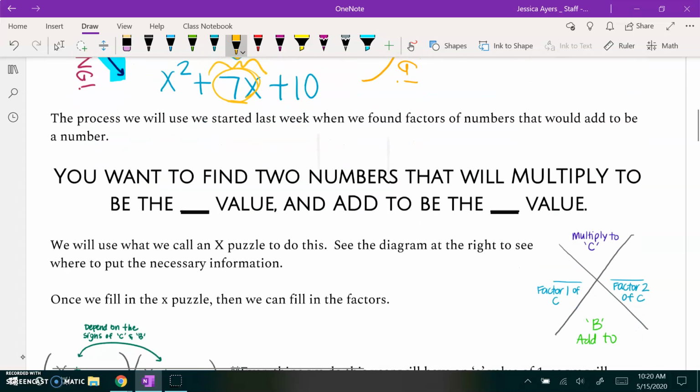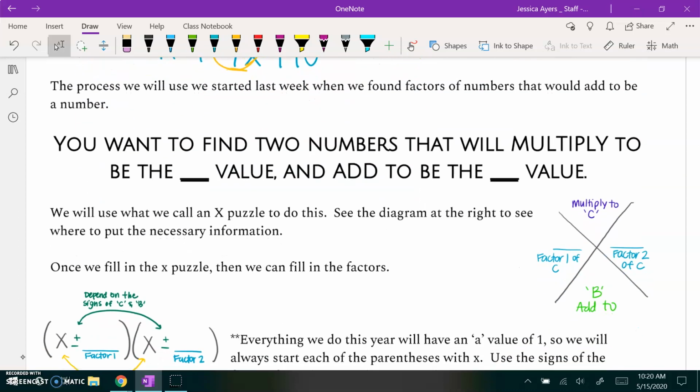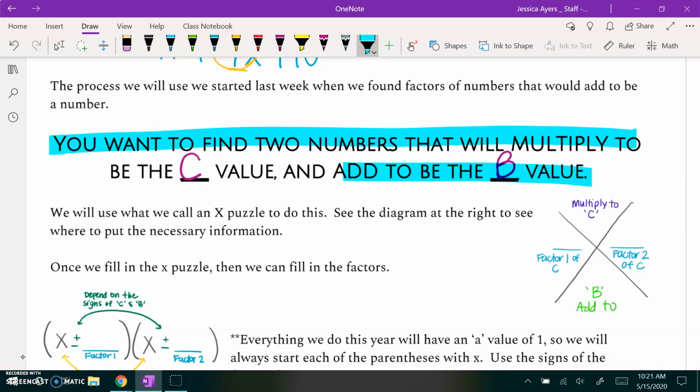So remember, you want to find the two numbers that will multiply to be the C value and add to be the B value. This is your goal right here. This is what you're doing. This is what you're asking yourself. We'll create little X puzzles to help us do that.